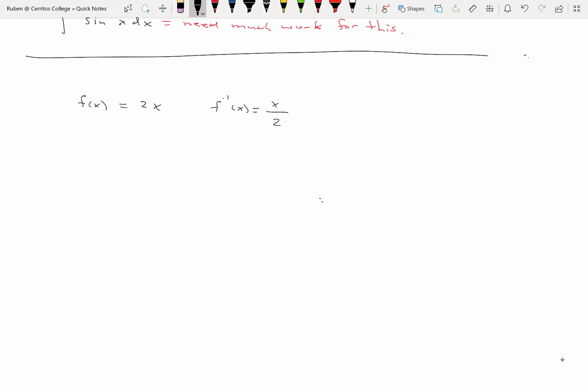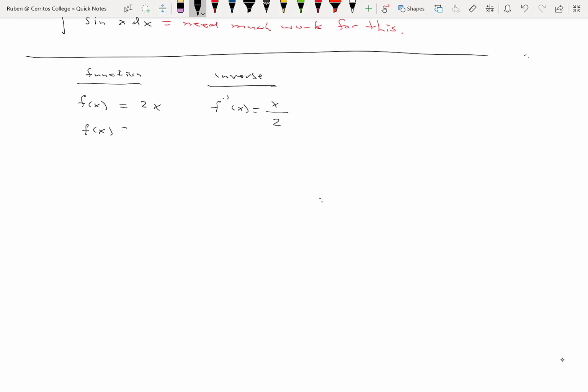Thanks for your patience. I had to stop the video for a second to remind myself how to do some stuff. So back to our functions and inverses. These are algebraic examples of functions versus inverses. Second function I brought up was the tripling function.